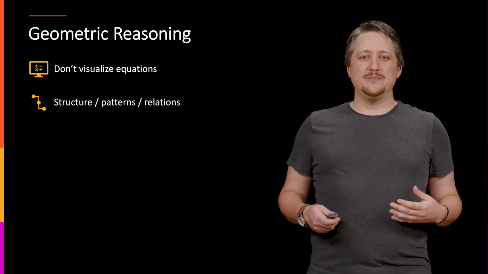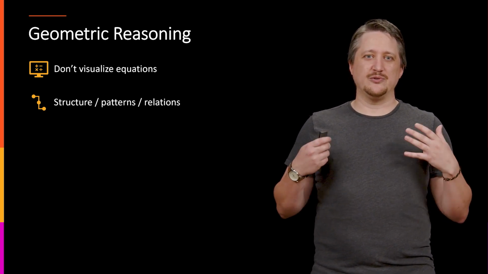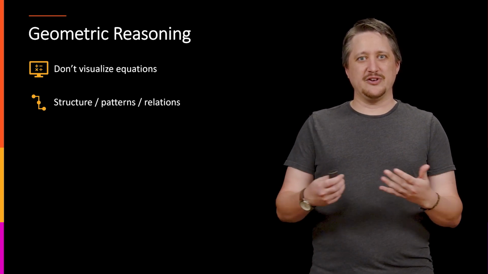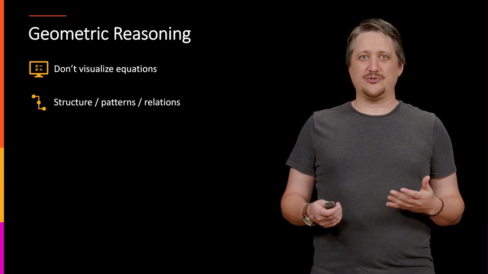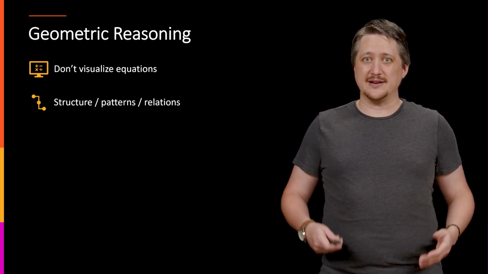There's no value to that because you could just write it down and look at it instead of picturing it, okay? So instead, what they're looking for is structure, patterns, relations, pattern recognition. They're looking at examples of what they're thinking about and trying to visualize why stuff works, how stuff changes over time, that kind of thing.